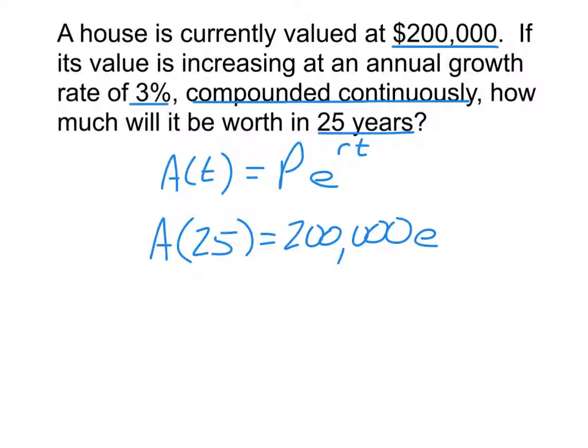We have to turn the 3% into a decimal still. You don't have to add the 1 to it, but we do need to make it into a decimal. And so 3%, we divide that by 100, it gives us 0.03. And still up in the exponent, we're going to be multiplying that by t.